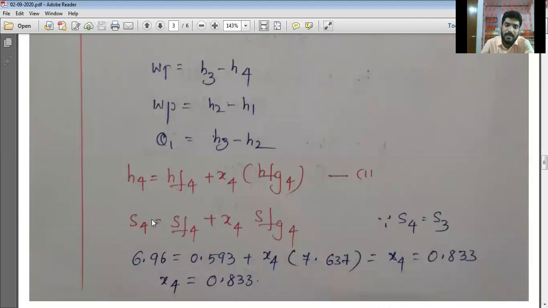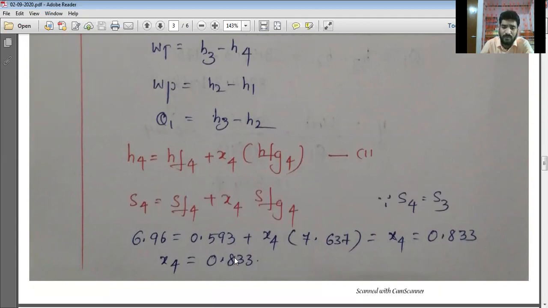So I can write the equation S4 is equal to SF4 plus X4 into SFG4. Again S4 is equal to S3, you know that entropy is constant. S3 is a known value, directly taken from the steam table, 6.96. I substitute those values in this equation and got X4 is equal to 0.833. This is the dryness fraction at state 4 in process 4 to 1.